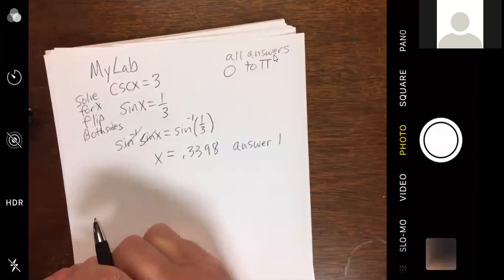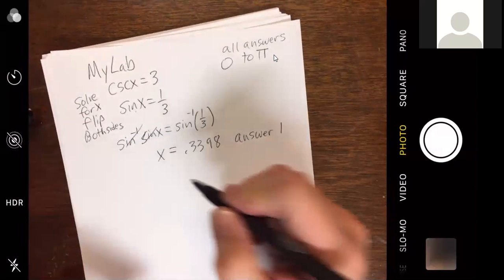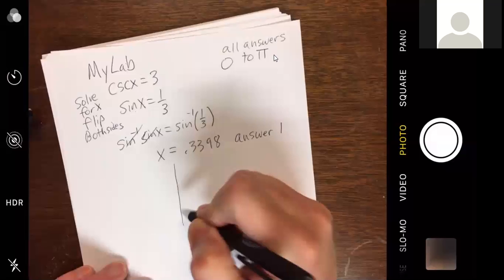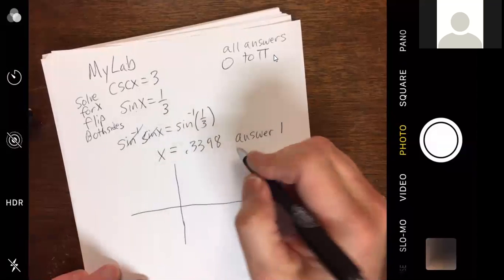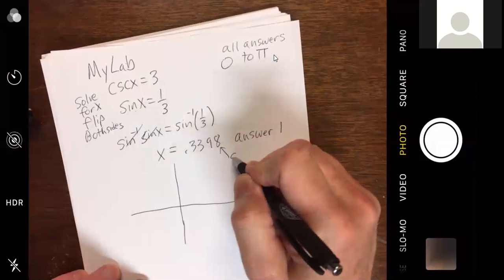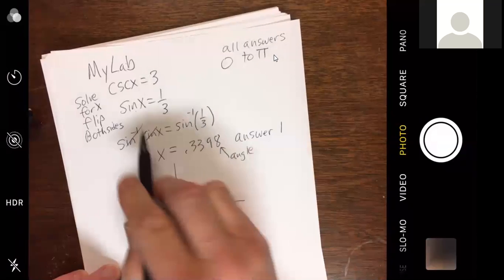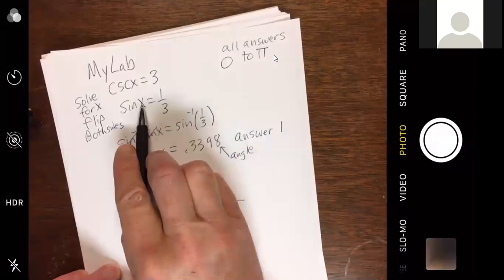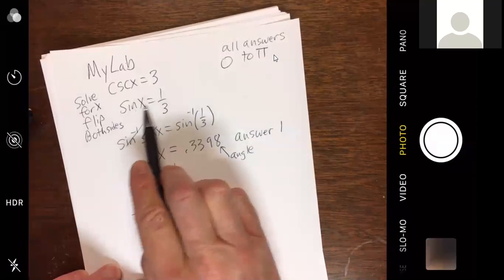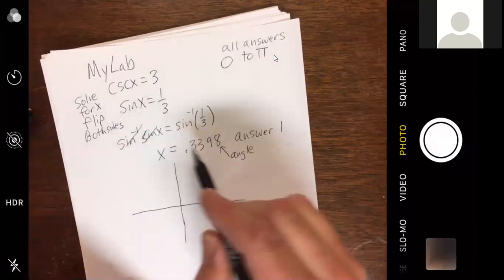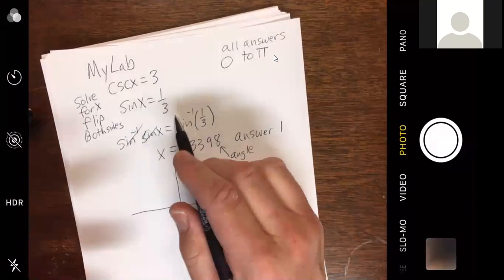You followed it that far? Yes, sir. Okay. For more answers, this is why it's important to be able to sketch this out and figure out what the calculator is telling me. This is the angle, so you take sines of angles. It's saying if I take the sine of 0.3398, I'll come up with 1/3. In radian mode, these things for small angles are real similar.